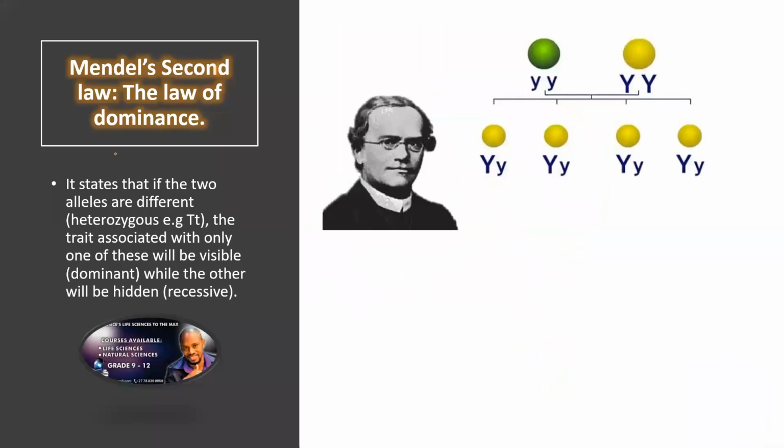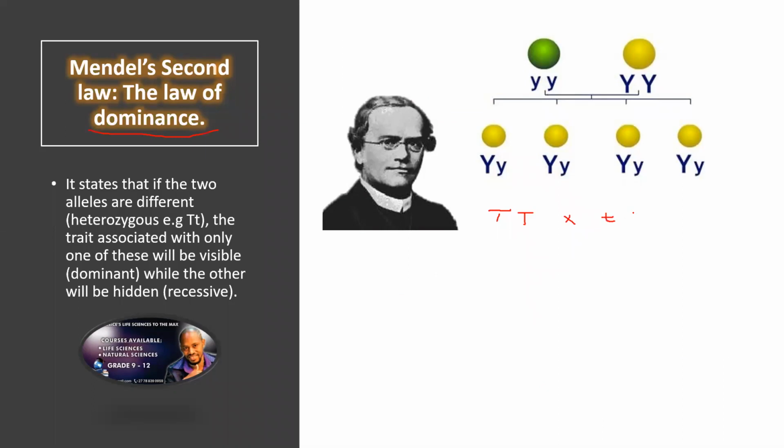Mendel's second law, the law of dominance. Now, Mendel did his experiments, and each time he crossed with purebreds, he realized something. Let's go back to our purebreds cross here. This is what Mendel realized. He took two parents of purebreds.